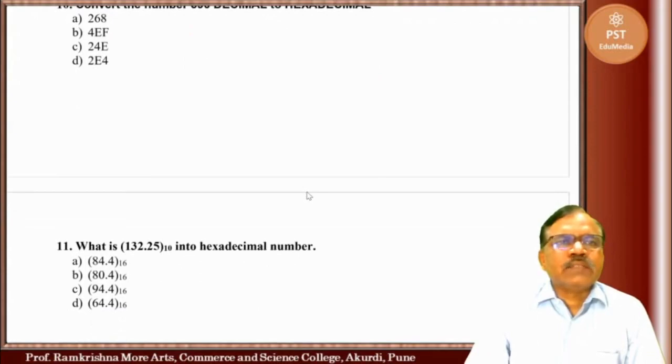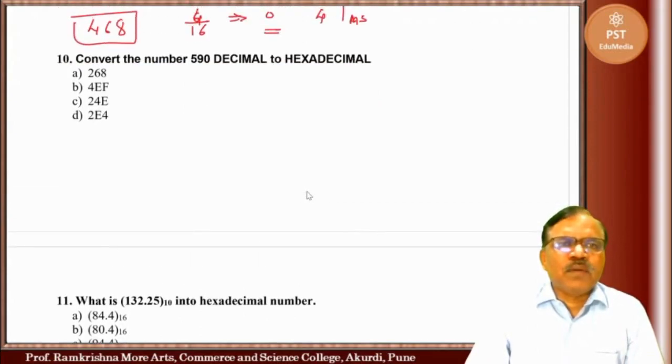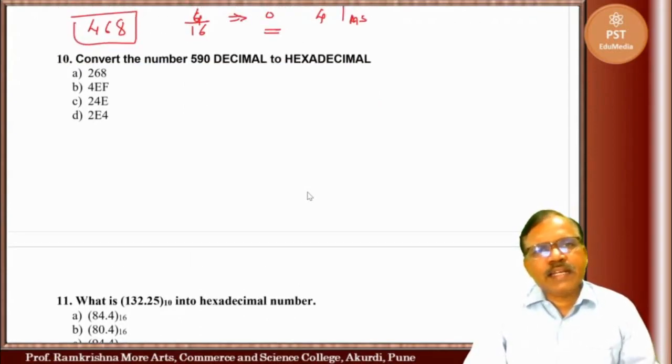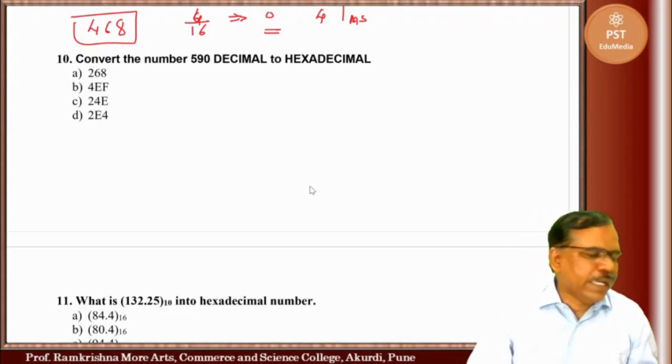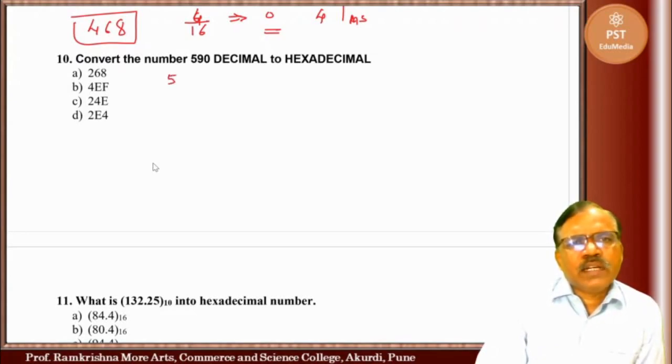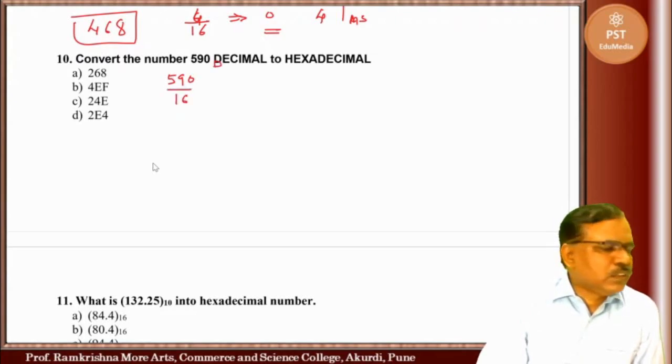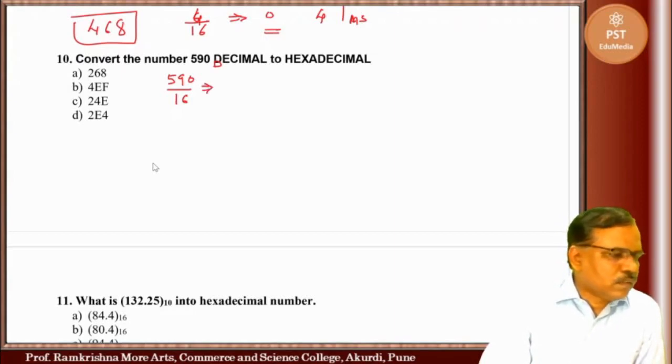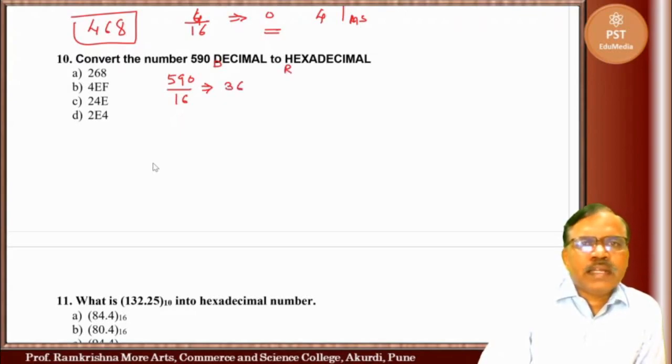Now we'll go to the next one. Convert the number 590 decimal to hexadecimal. Again, go the same way. Take 590 and divide it by 16. The quotient is 36 and the remainder is 14.